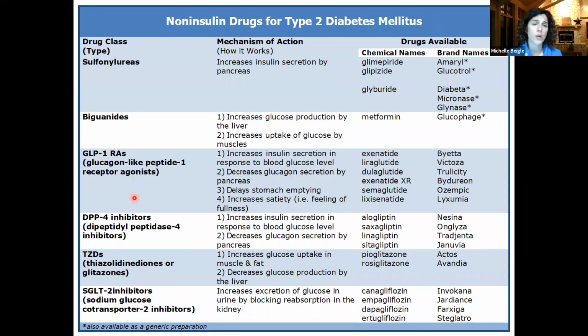It's actually been around for a while now, but it's relatively new when we talk about diabetes management and medications. The way that it works is it increases the secretion of insulin in response to blood glucose. I don't know if you remember back to the very first video that we watched a few minutes ago, but there is actually this hormone that's circulating around that asks the beta cells to work more efficiently.